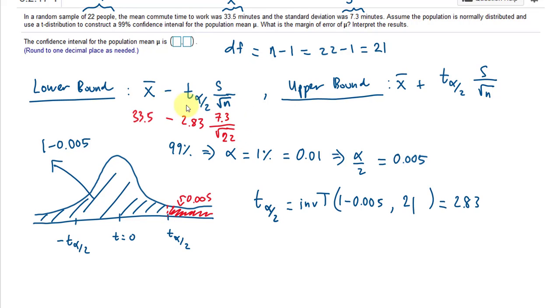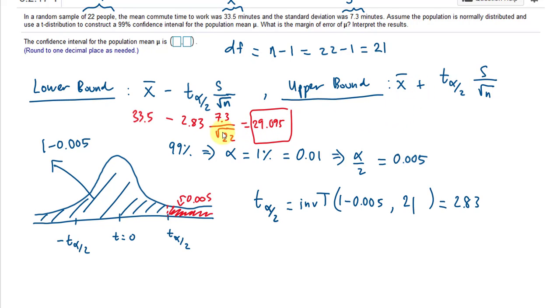And if you do the calculation here, you should get the value of 29.095. And then we do the same thing here.